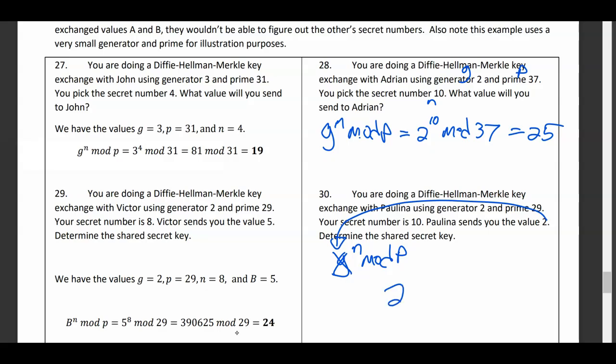So we would do 2 to our secret number, mod 29. So it's either you start with the G, the shared generator, or you use the exchange value they send to you for the base.